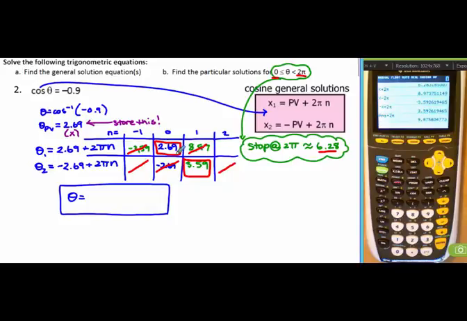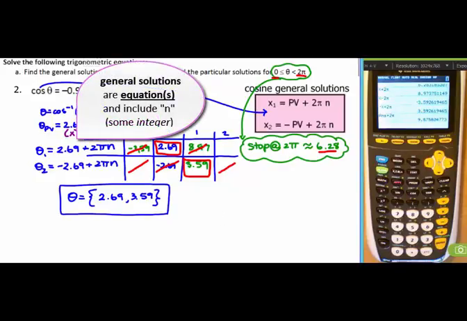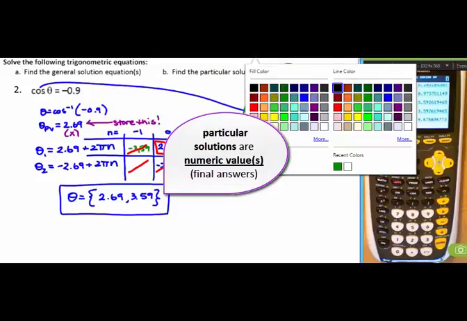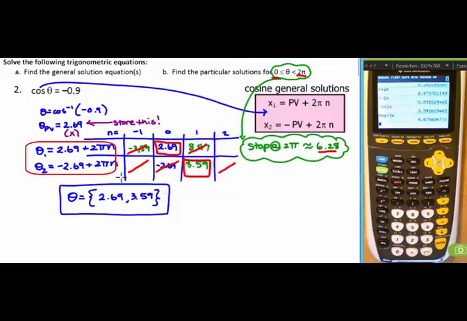All right, so we now have exactly two particular solutions between 0 and 2 pi. So that's our theta. Okay, so then remember your general solutions are the equations. So we do have both, and you'll always want to make sure that you're paying attention and you're recording both as your answers. Okay, so we've got our general solutions and our particular solutions.